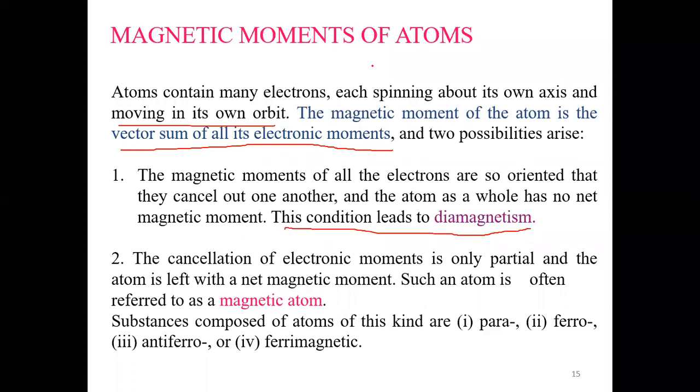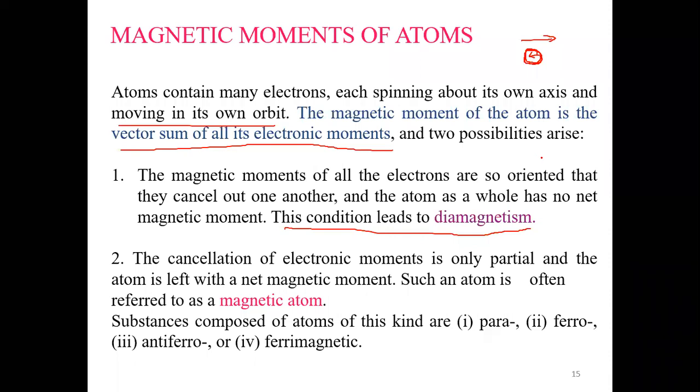You have seen that the diamagnetic atom, in absence of magnetic field, does not possess any magnetic moment. However, if you apply a magnetic field towards the right, it will induce a magnetic moment towards the left. That's the diamagnetic material. Diamagnetic material basically arises when the electrons occur pairwise.